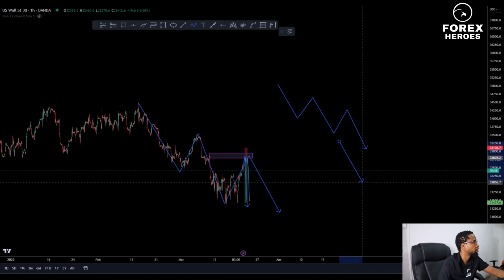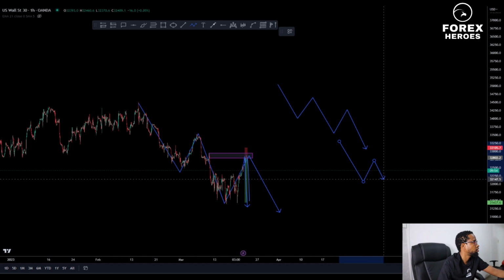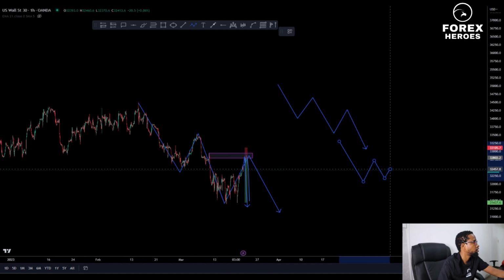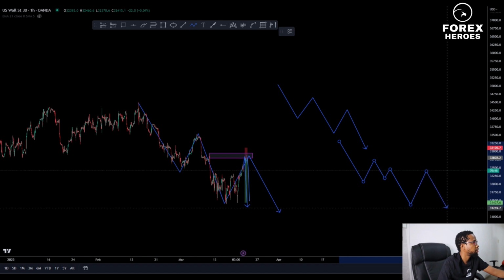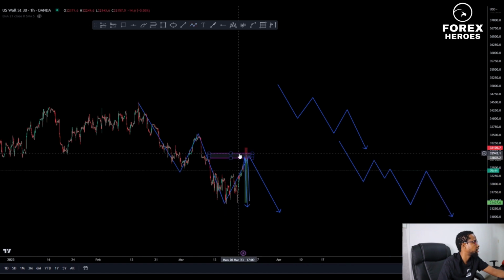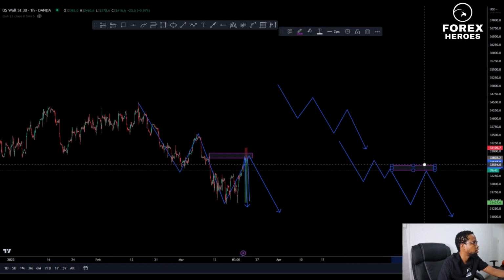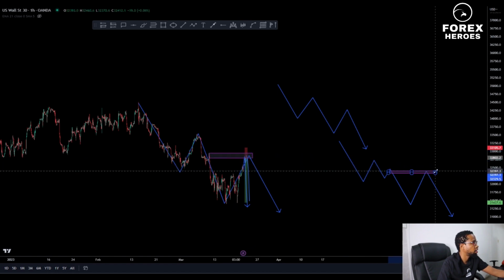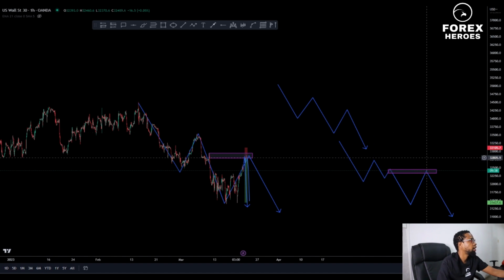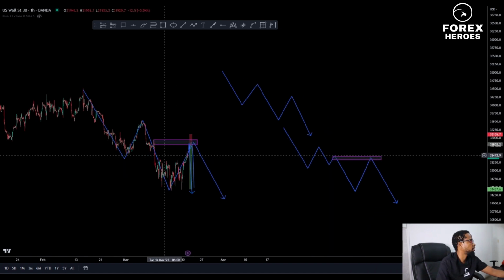This is what is currently happening. It pushed up and down, then something like this. So we are almost anticipating to take the market here. This is what it will look like in a line chart.